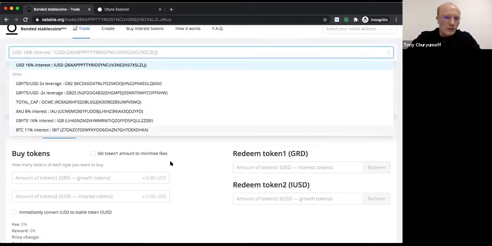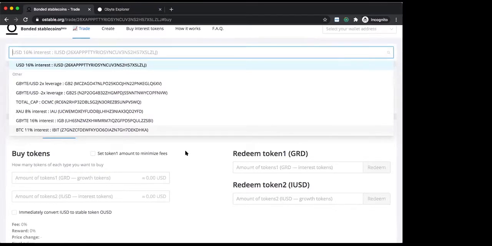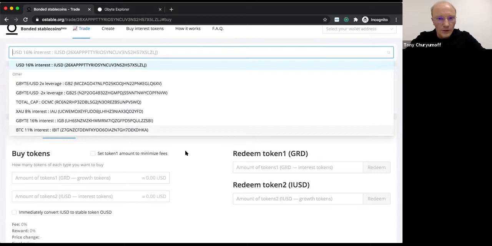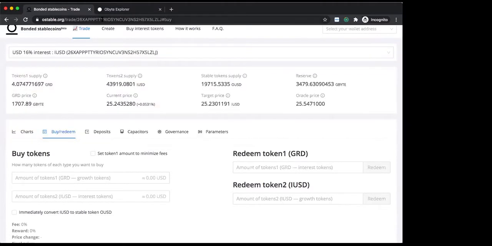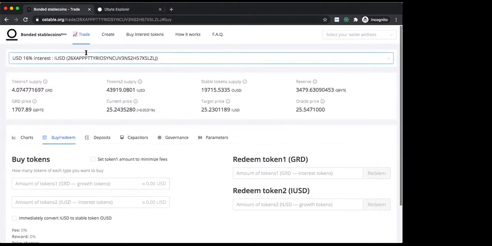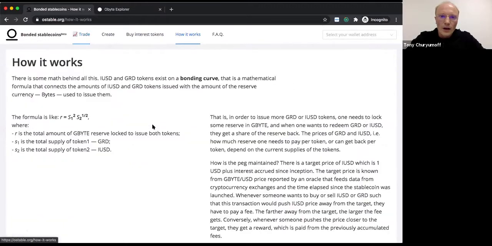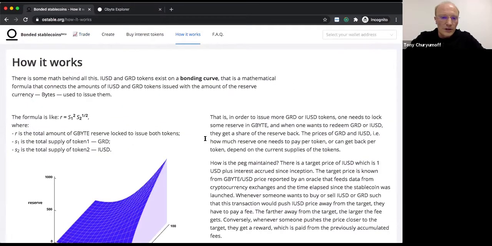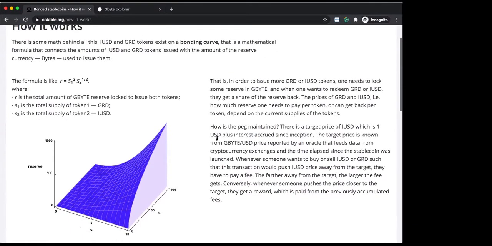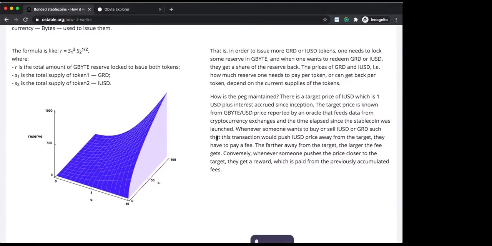So now let's learn a bit about how it works. There is some math behind all this. The bonded stablecoins are based on bonding curves. The basic idea is that there are several tokens.